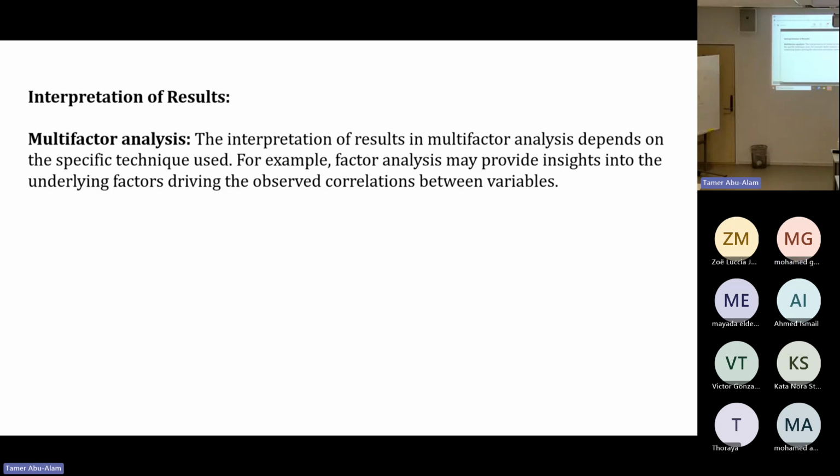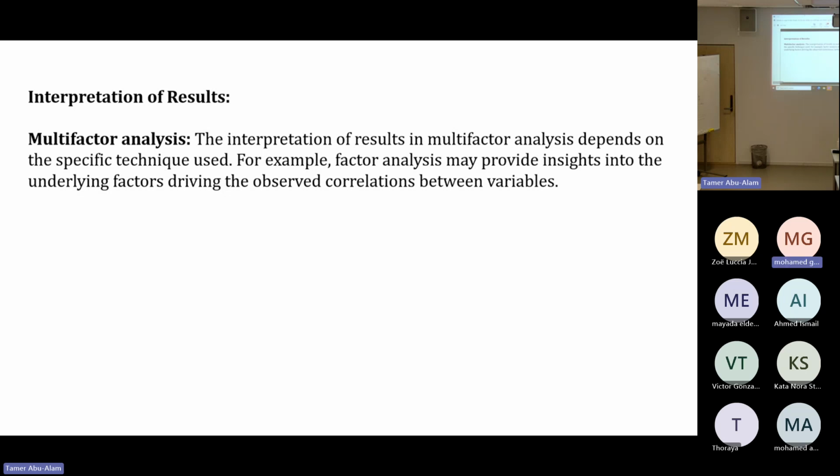So multi-factor analysis, we are still going around this multi-factor and principal component. The interpretation of results in multi-factor analysis depends on the specific technique used. So for example, factor analysis may provide insight into underlying factors derived by observed correlation between variables. Cluster analysis, for example, is multi-factor analysis, right?